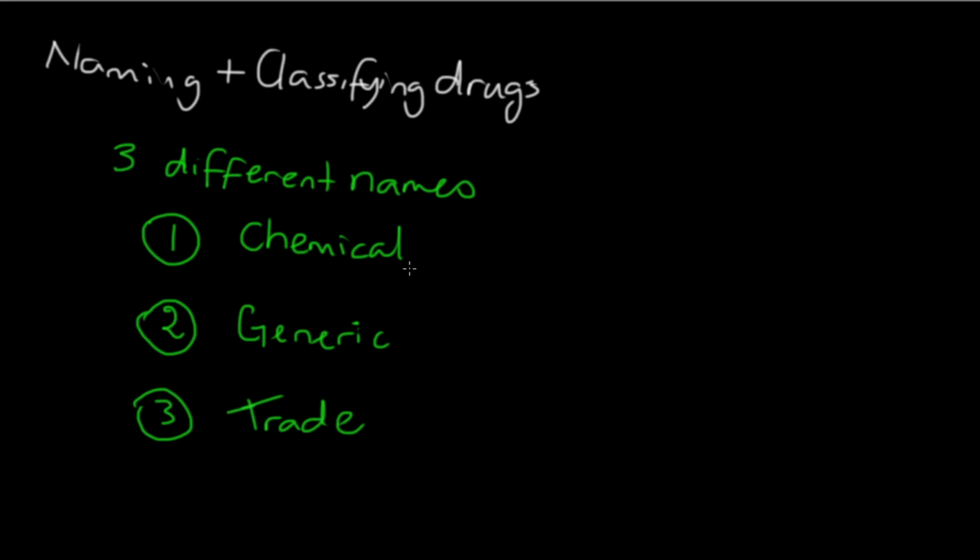For chemical names, drugs are described by what they're made of chemically. So chemical names are specific to their chemical makeup.